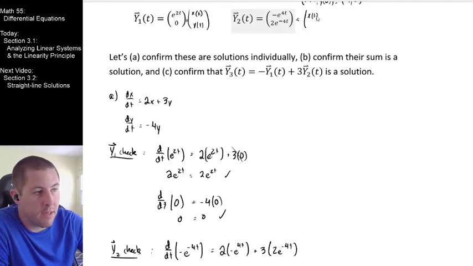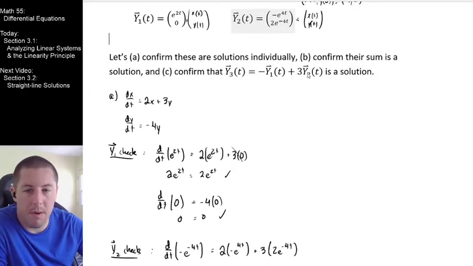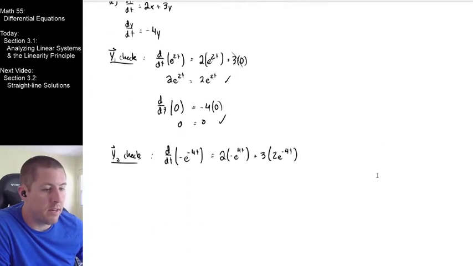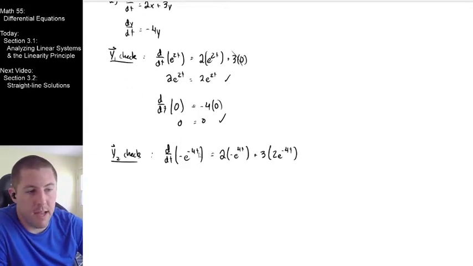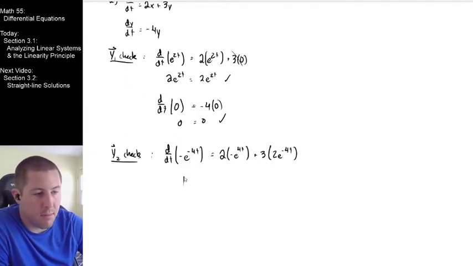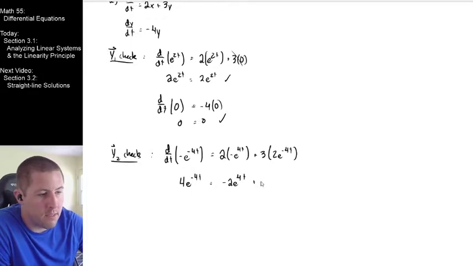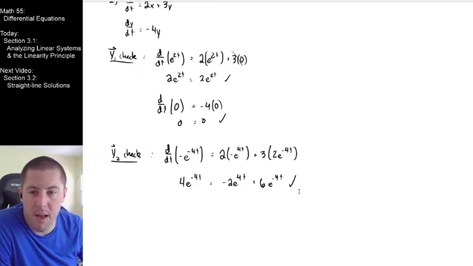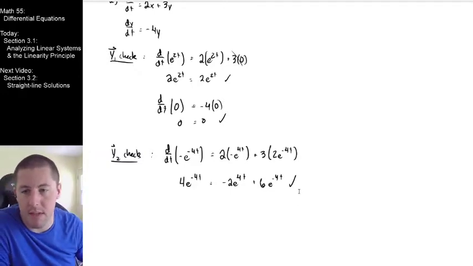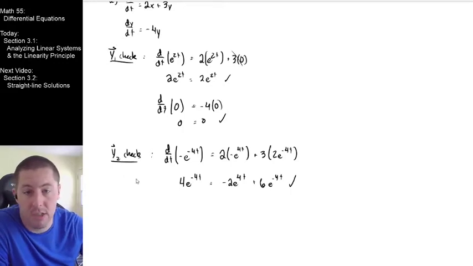This is my x of t, y of t for the second equation. All right. So let's verify that this is correct. If I take the derivative of this guy, it's going to pop down a negative 4, so I'm going to get a positive 4e to the negative 4t. This should be equal to negative 2e to the 4t plus 6e to the negative 4t. And I don't think I need to write one more line right there. You guys can see that negative 2 plus 6 is 4. All of the exponents on the e's are equivalent to one another. So our x check is good.